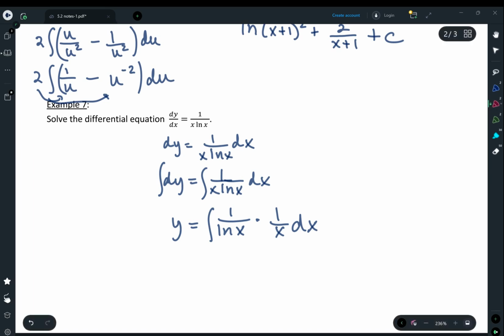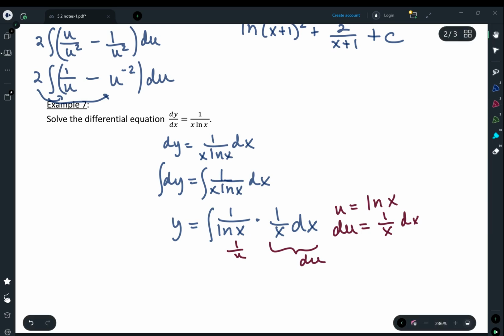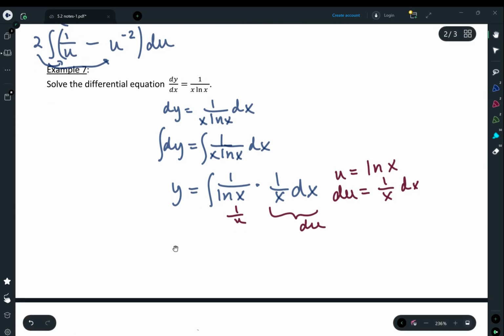So if I think about a u substitution where u is the natural log of x, our derivative of natural log is going to be 1 over x dx. So this is my du, all of this stuff together, and this is really essentially 1 over u. So let's go ahead and actually write that in, and then we're going to integrate.